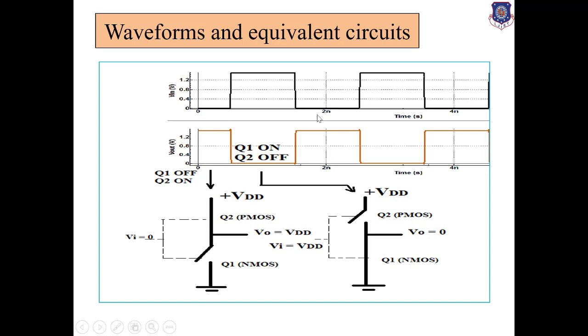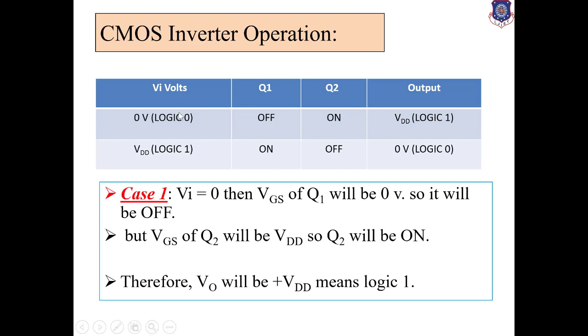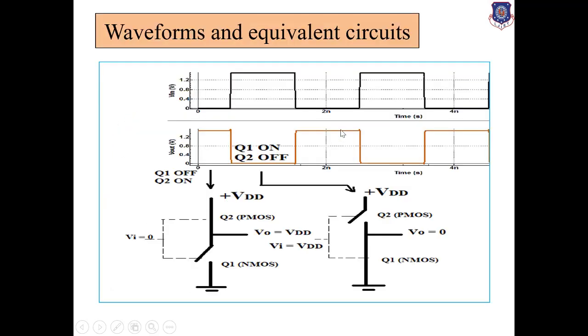The same waveform and operation is explained by equivalent circuit. If input is 0, then Q1 off, Q2 on. Same table is explained by equivalent circuit. That means in equivalent circuit, if input is 0 to this gate common, Q1 is off, that means open switch, and Q2 is on, that means short circuit.